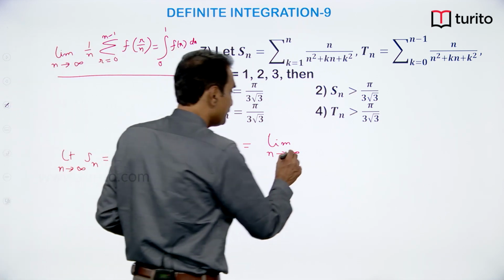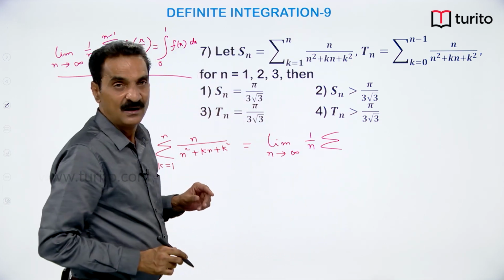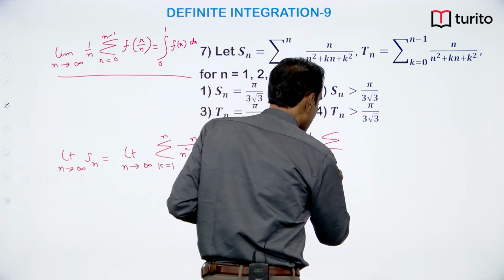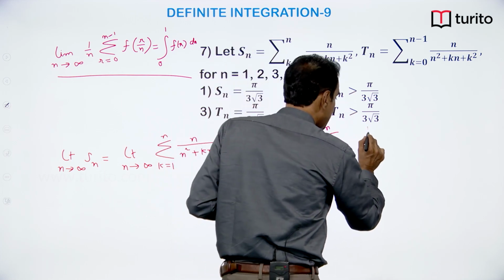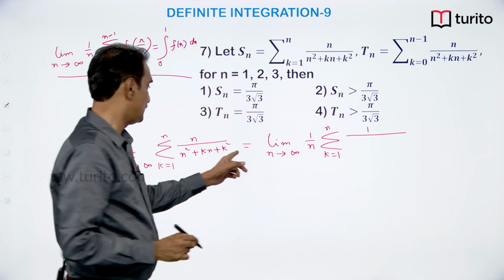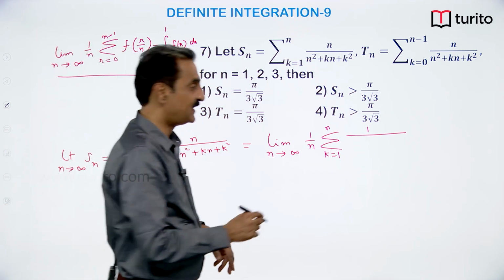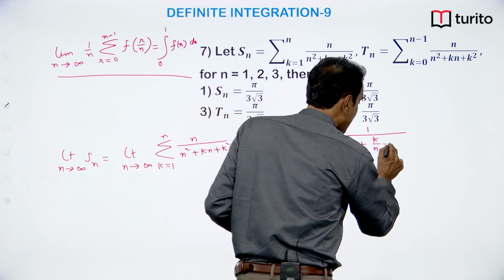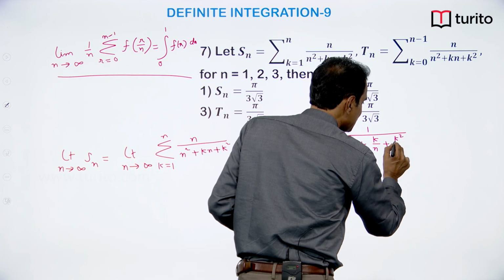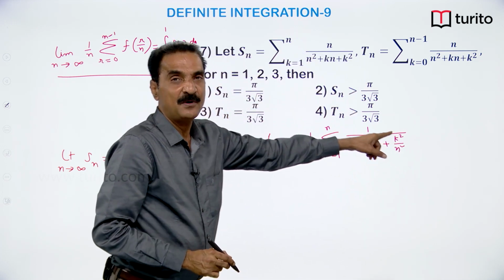Write it outside. 1 by n sigma, k varies from 1 to n, 1 by, taking n square common, what we will get? 1 plus k by n plus k square by n square. Now clearly it is in the form of f of k by n.